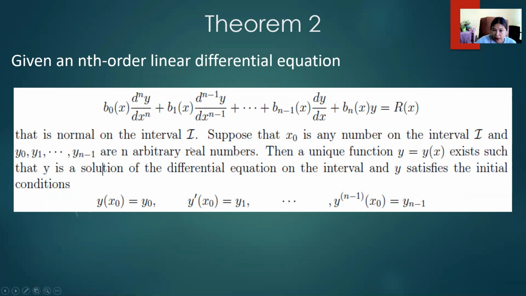If that is normal on the interval I, suppose that x0 is any number on the interval I and y0, y1 up to yn minus 1 are n arbitrary real numbers, then a unique function y equals y of x exists such that y is a solution of the differential equation on the interval and y satisfies the following initial conditions: y at x equals x0 is y0, y prime at x equals x0 is y1, up to yn minus 1 of x0 is equal to yn minus 1.